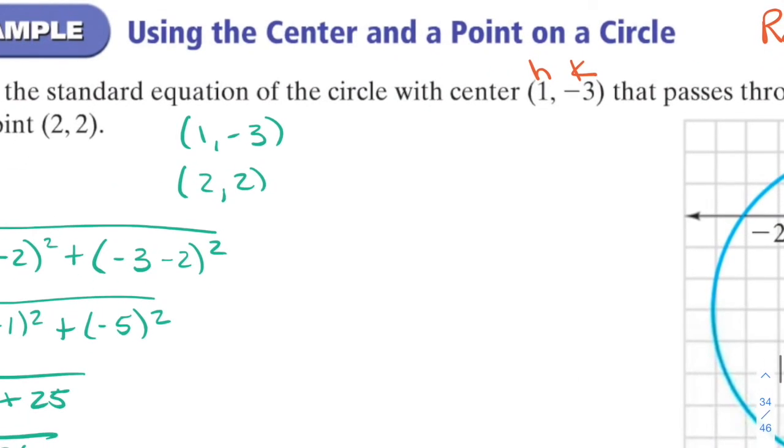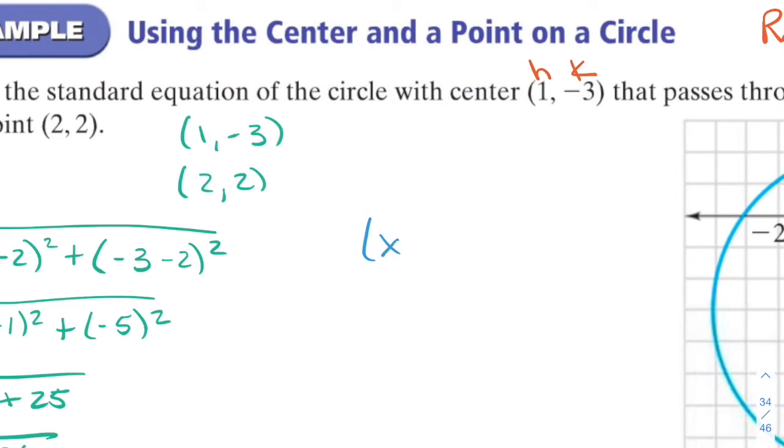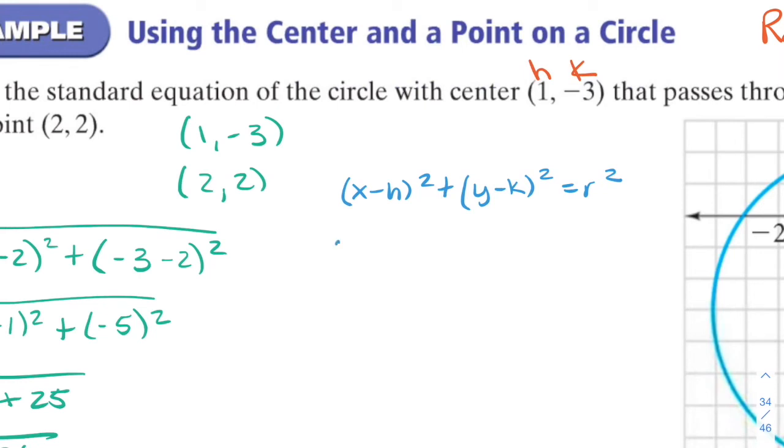But when you write your equation, you're going to do (x minus 1) squared plus y minus negative 3, which is (y plus 3) squared, equals r squared.